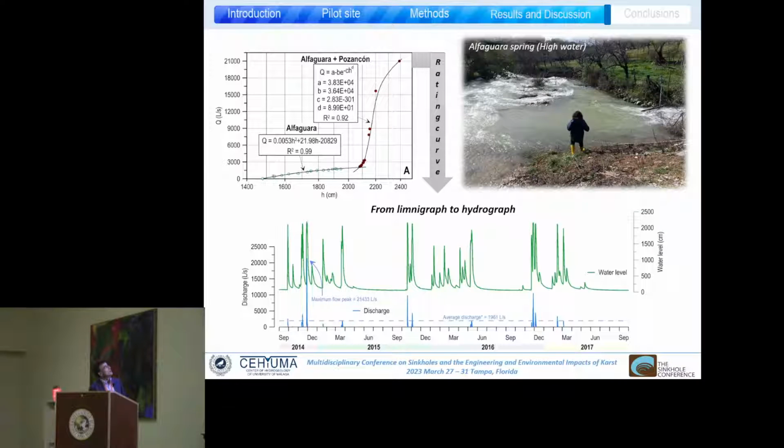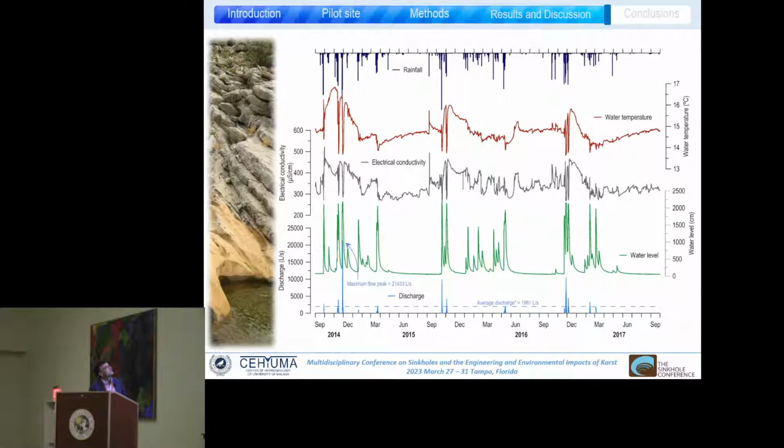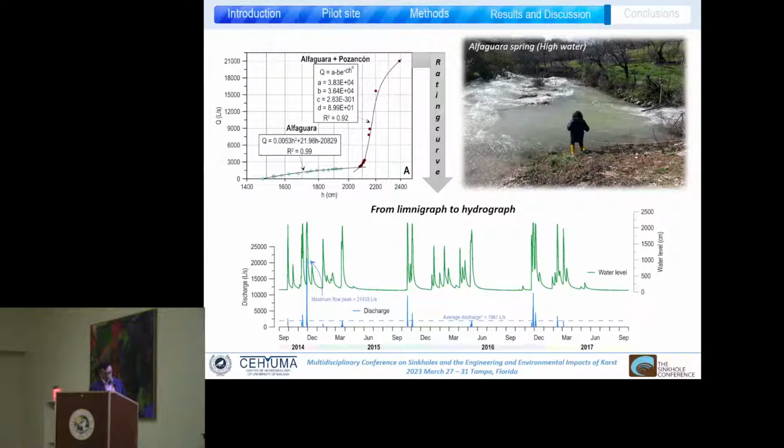So we have different measurements of flow rate as a function of the altitude, so we can deduce the flow rate, and certainly, as I said before, they increase in the water table and overflow condition, and the electrical conductivity shows dilution.